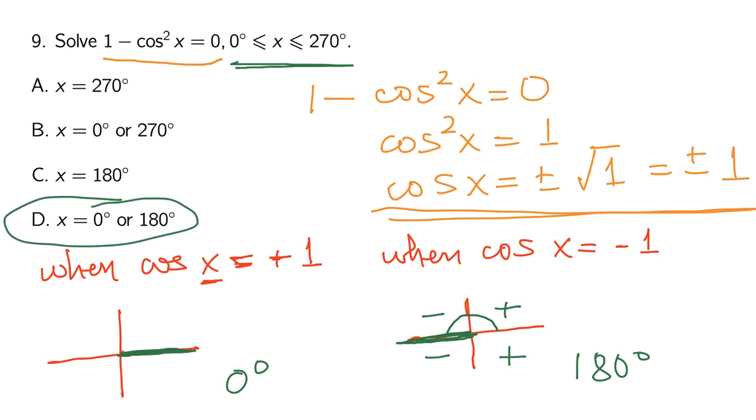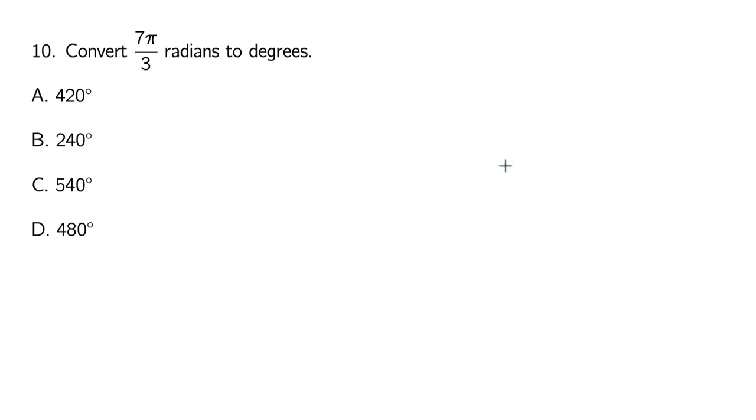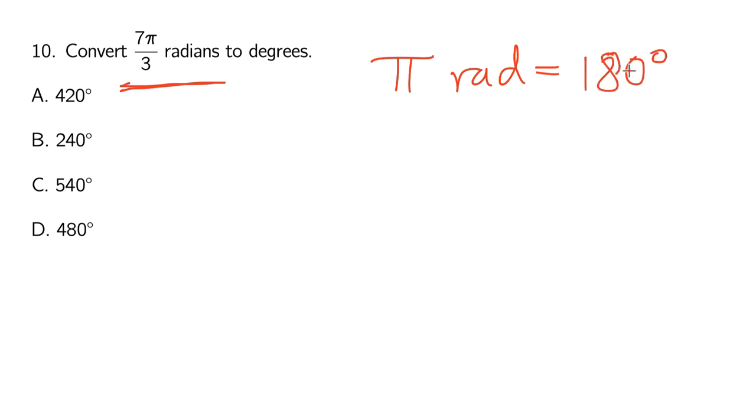The next problem, which is going to be the last problem in this series, is to convert 7 pi over 3 radians to degrees. Now here, if you remember your formula, that pi radians equals 180 degrees, then you can go ahead and do the conversion.